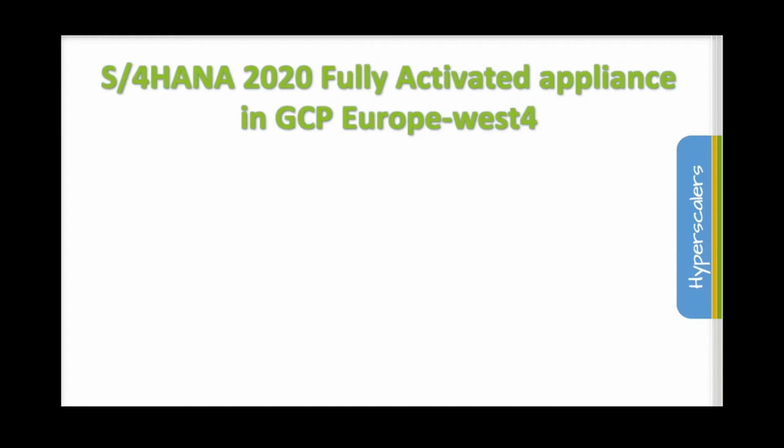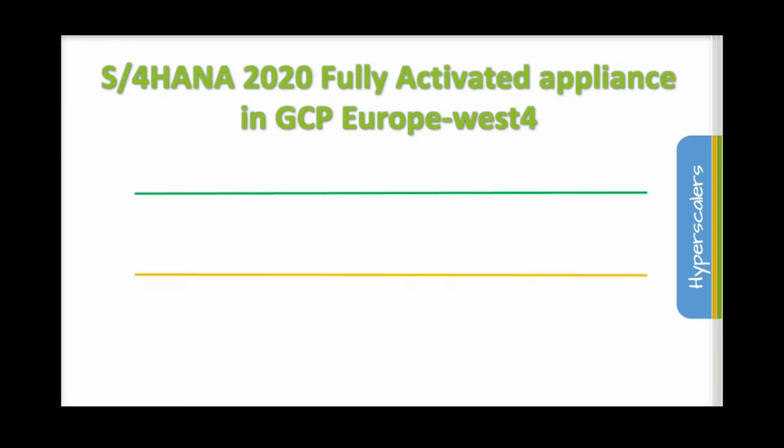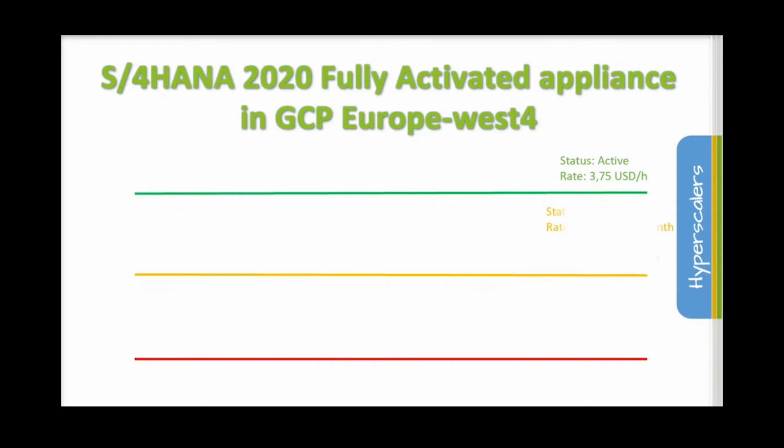As we know from previous videos, there are three possible statuses for an instance: active, suspended, and terminated. Each of the statuses has a different cost. The status active has a cost of $3.75 per hour.